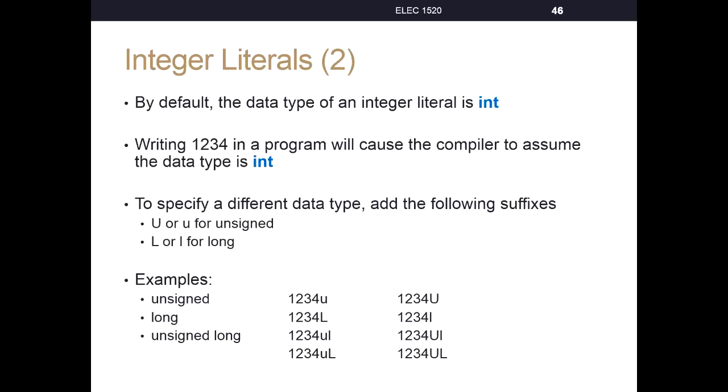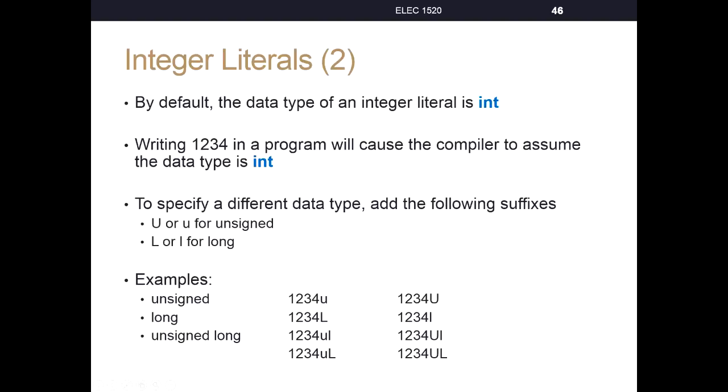Now, if you want to specify that the number should be unsigned, because remember, int is signed by default, you can use a capital U or a small u as a suffix. So we add suffixes to the number. We use capital L or small l for long. Here are some examples.